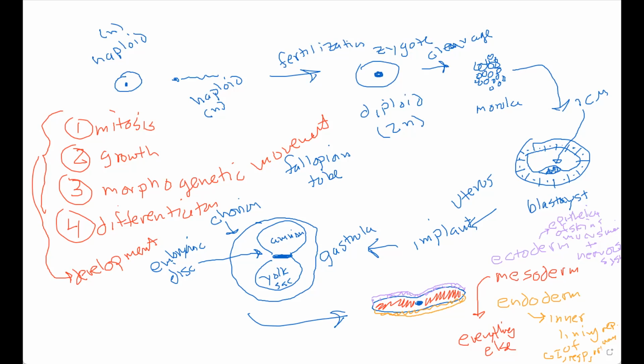So let's clear all of this. There we go. That's what we want. Okay. All right. So with differentiation, okay, a cell starts out as a totipotent stem cell. Which means could become anything.